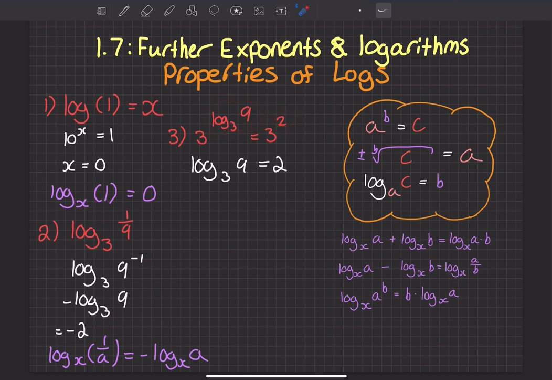Now, let's take this log base 3 of 9 equals 2. It's in this form. Let's write it in this form. So what we'll have is that 3 to the power of 2 equals 9, right? So here we have 3 to the power of 2, and we know that this equals 9. So if this equals this, and this equals this, this means that this equals this.